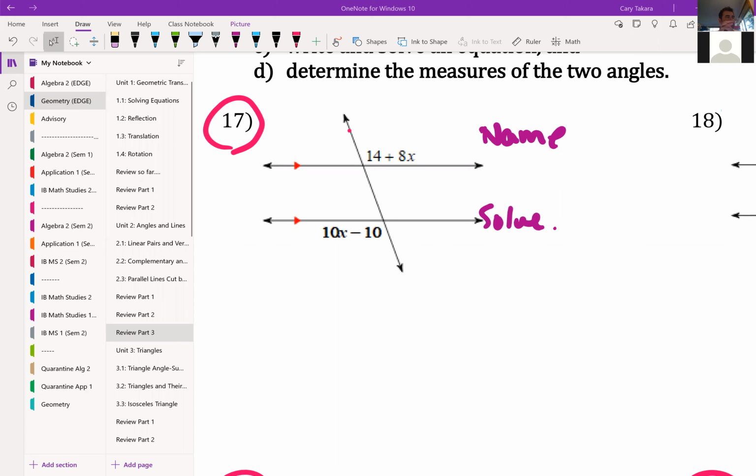Yeah, Brandon, it is on Canvas. It's called Unit 2 Review Part 2. Yes, this is the assignment. Yeah, I'm recording it right now, and it will be uploaded after the class.